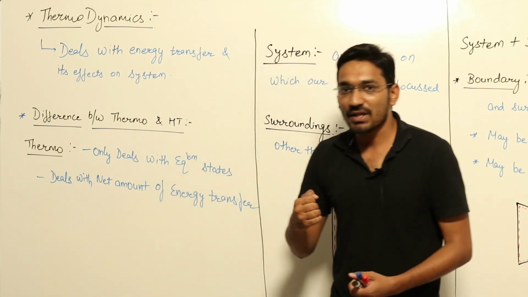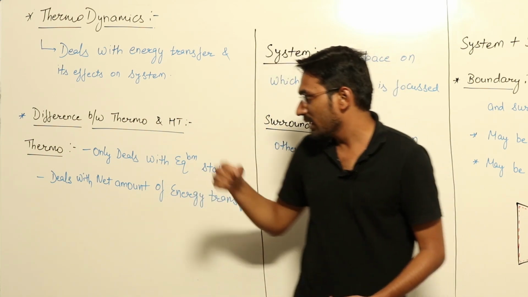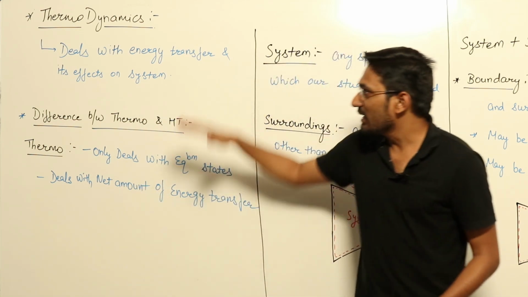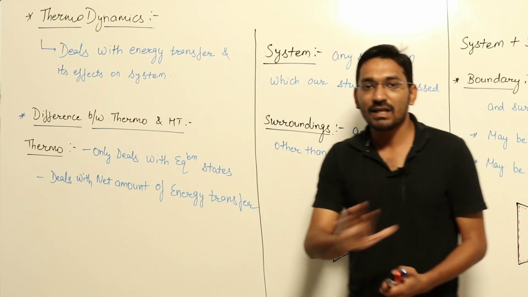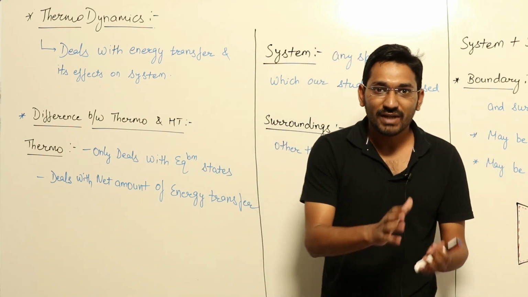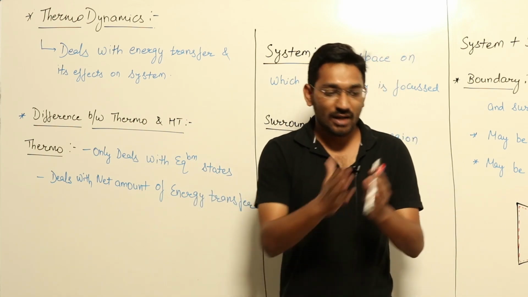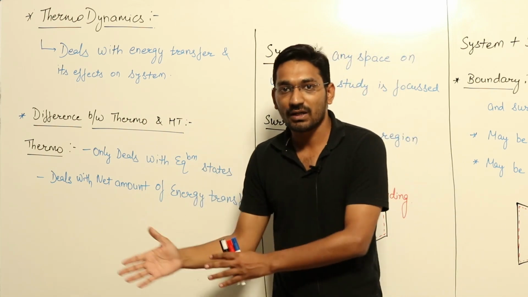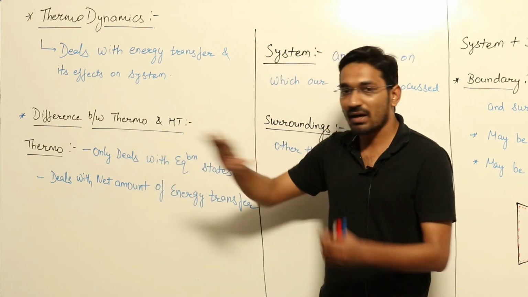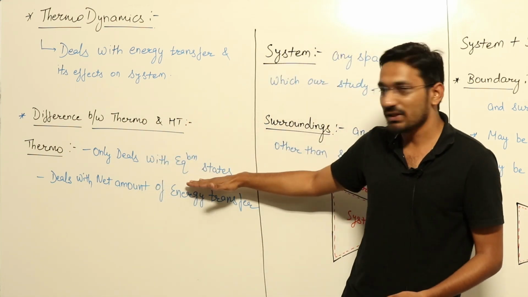So in heat transfer we are more concerned about the rate of heat transfer, whereas in thermodynamics we are not dealing with the rate of heat transfer, meaning how much time it will take to transfer that heat, or to transfer that work from one point to another point. In thermodynamics we are only dealing with the equilibrium condition.